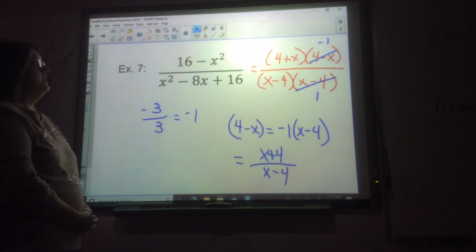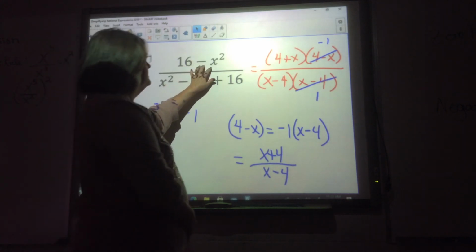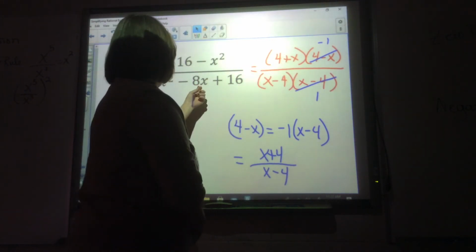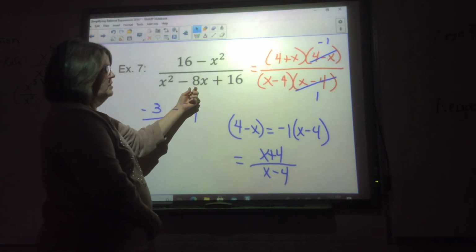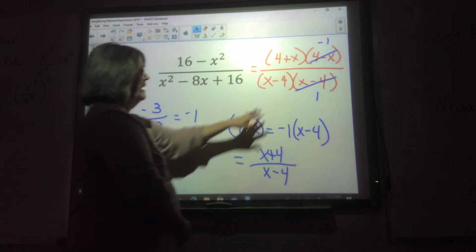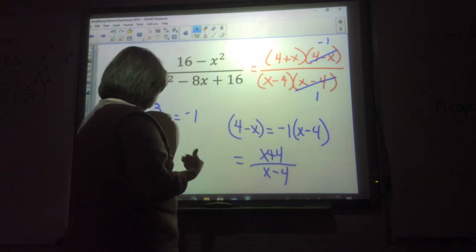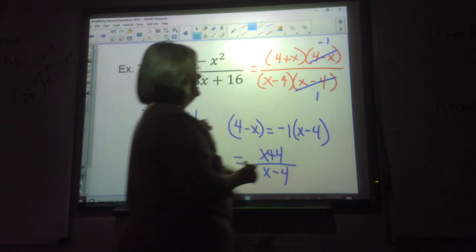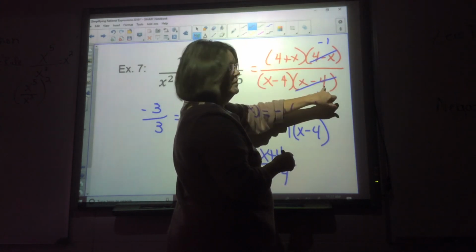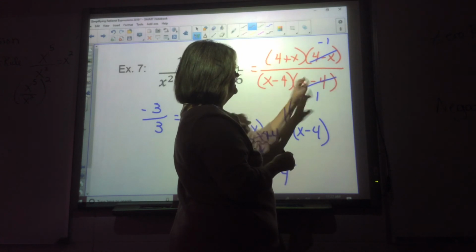All right, this one, same thing, difference of 2 squares. 4 plus x, 4 minus x. This is a trinomial, so you're looking for factors of 16 that add to be 8. That's 4 and 4, and they're both minus. Now, the difference here is when I cancel these, they're exactly opposite. Positive 4, negative 4. Negative x, positive x.